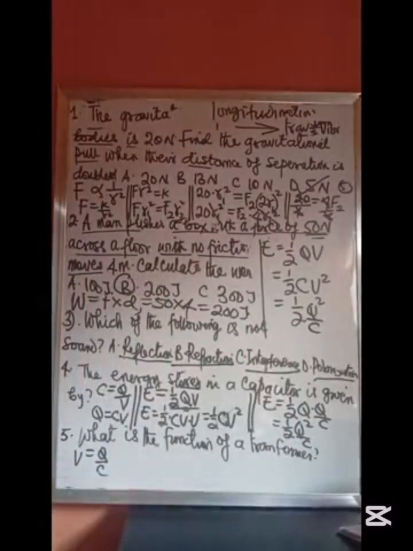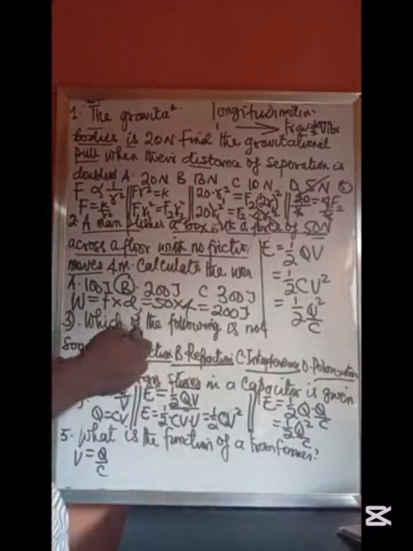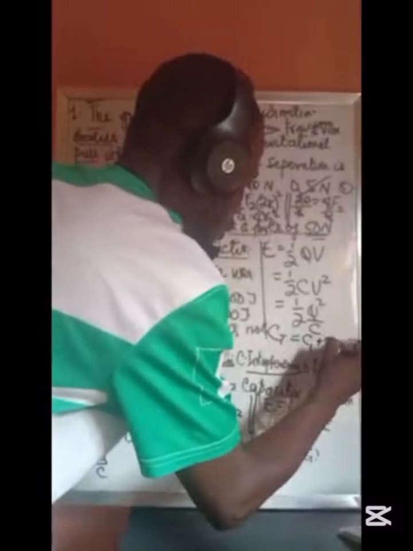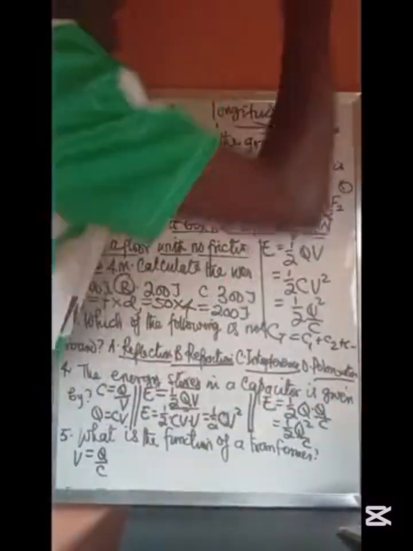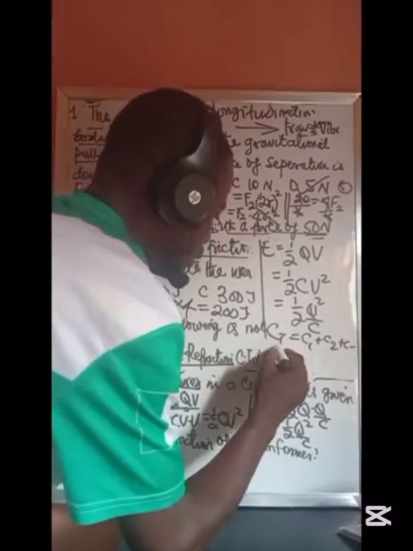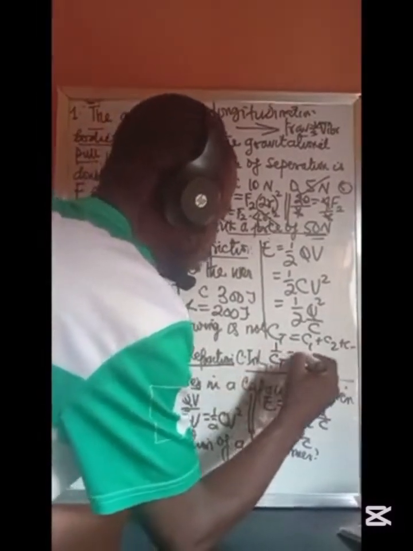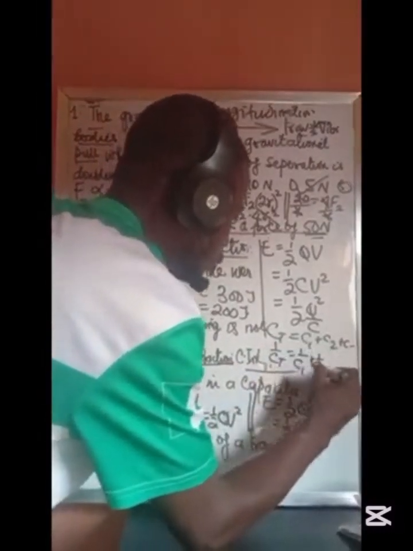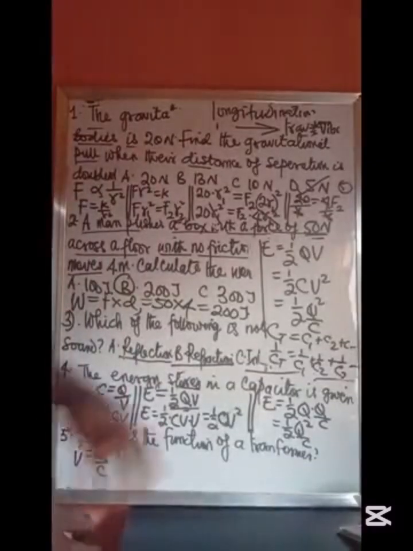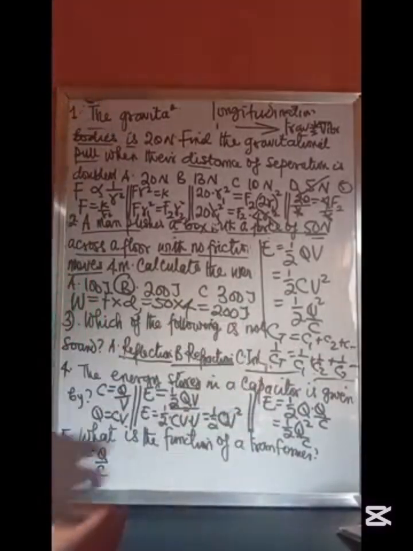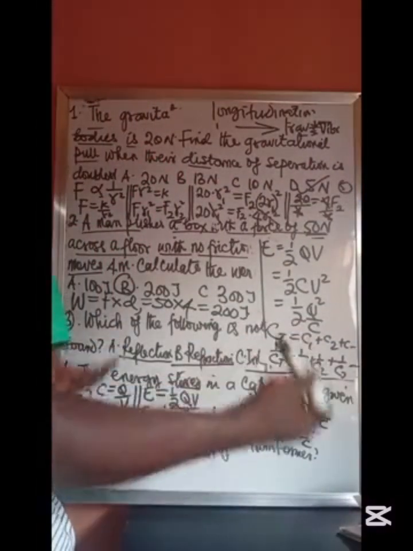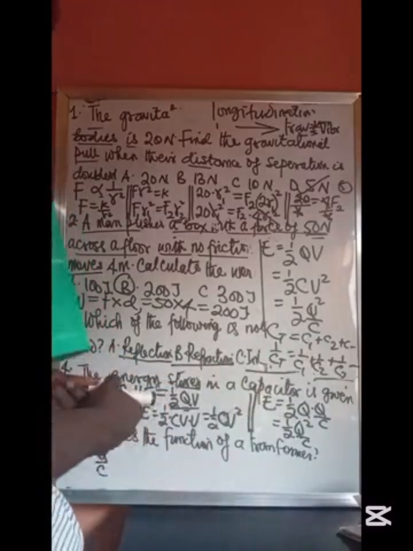And don't forget, for capacitors in parallel, total capacitance is given as CT equals C1 plus C2 plus C3 and so on. And if they are in series, we use the inverse formula, 1 over CT equals 1 over C1 plus 1 over C2 plus 1 over C3. And if they are in series and they are just two capacitors, there's a shortcut we can use: product over sum.